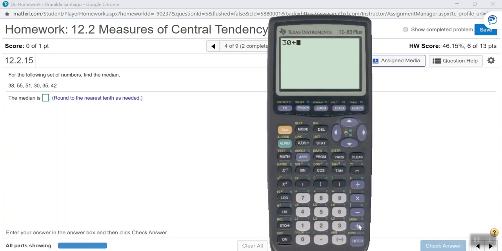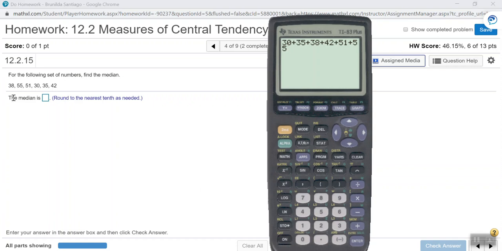So 30 plus, next we should have 35 plus 38 plus 42 plus 51 plus 55. Again, I am only using the calculator to display the data in order.